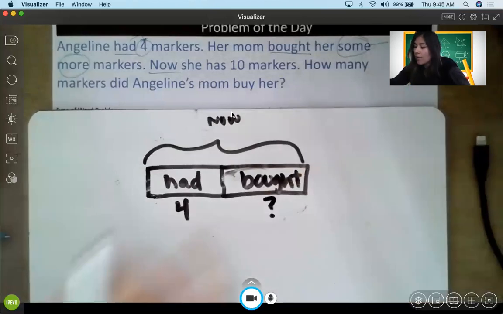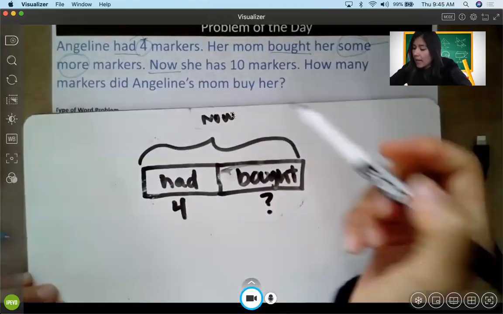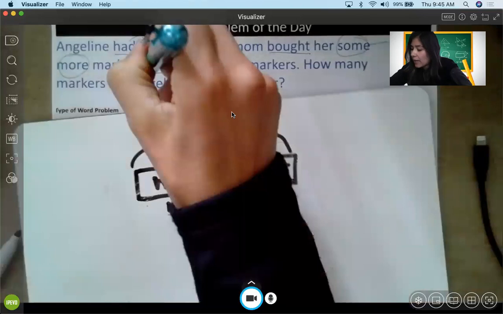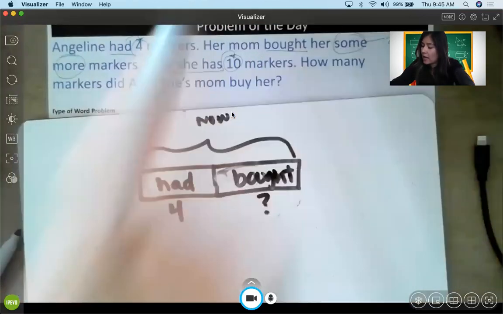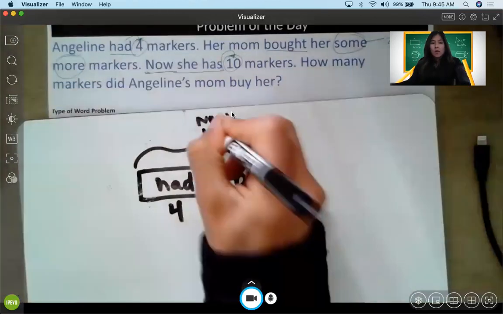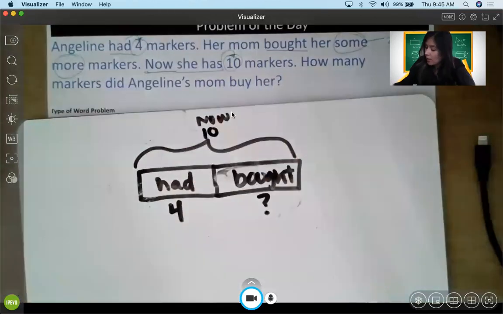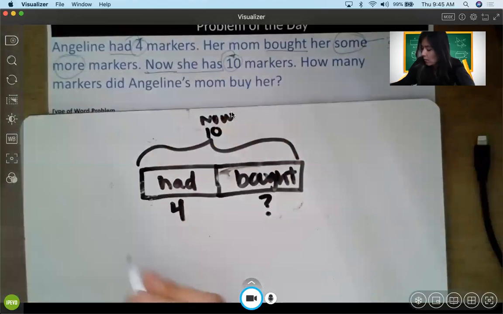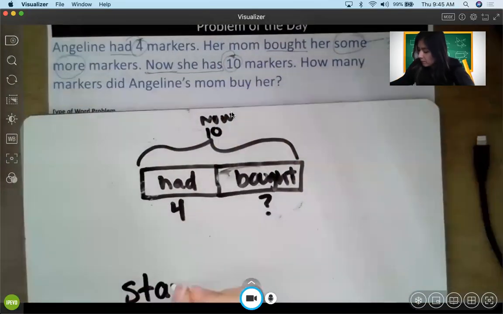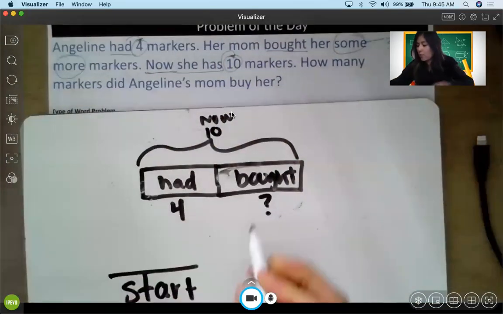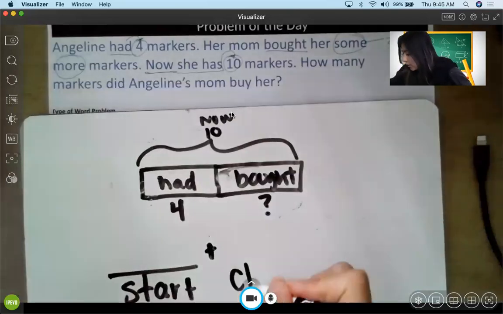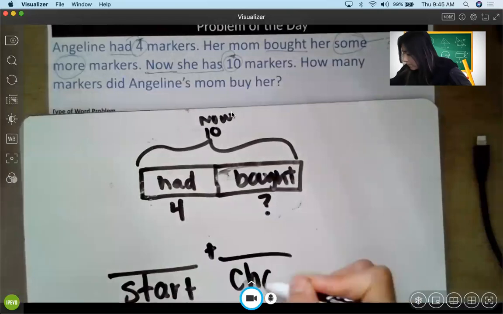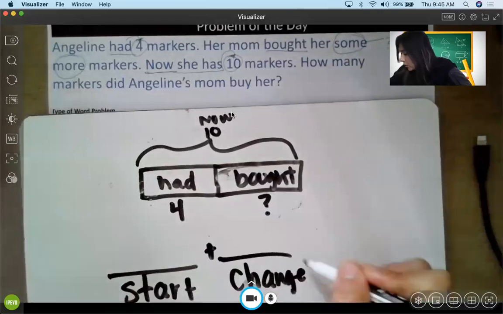Okay, but now she has how many? Right there it tells me 10. Now she has 10. All right, so if you remember, in a word problem, we have a start, and this is a joining word problem. So then we add how much she started with, how much it changed by, and then what the result is.